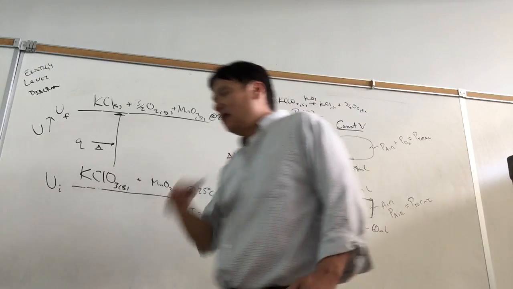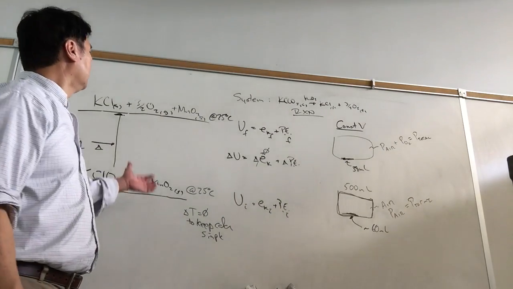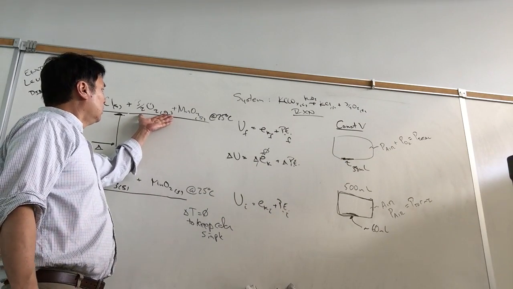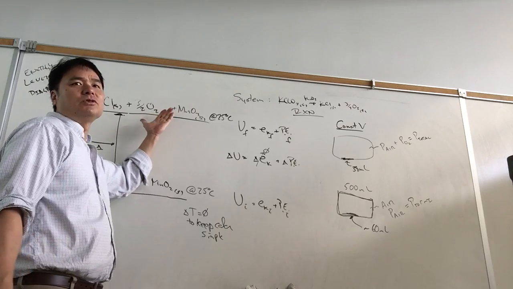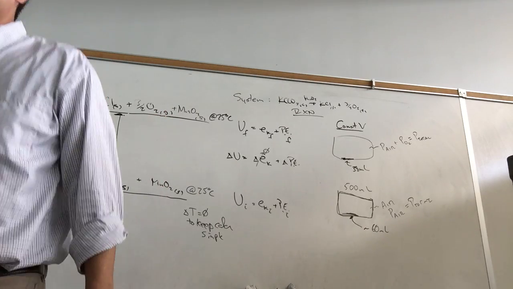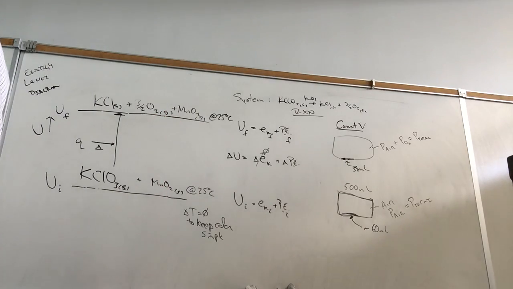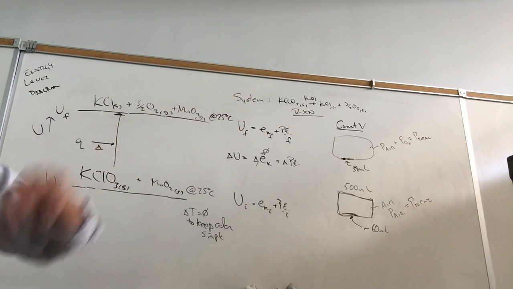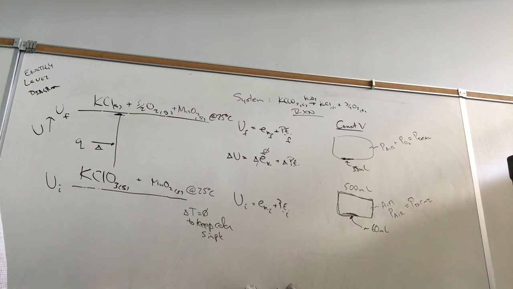Then we've got to think. Normally, we're going to generate 1.5 moles of O2. Under normal conditions, 1.5 moles of O2 should occupy what volume? Well, let's say 1 mole. 1 mole of gas occupies what volume? 24.45 liters under normal conditions.